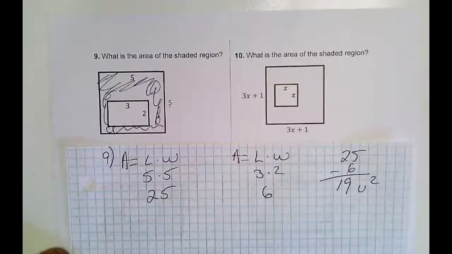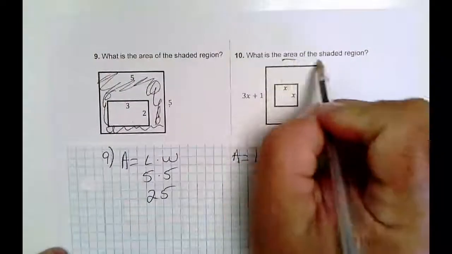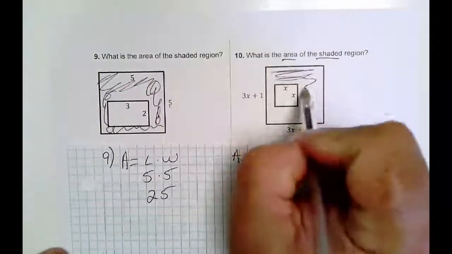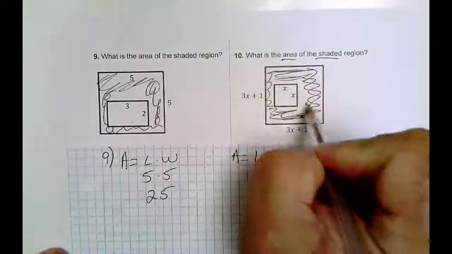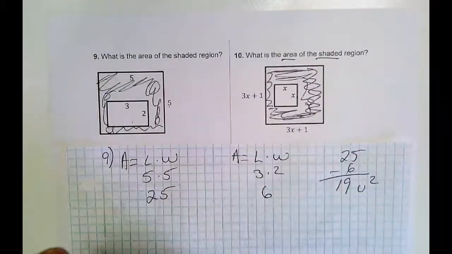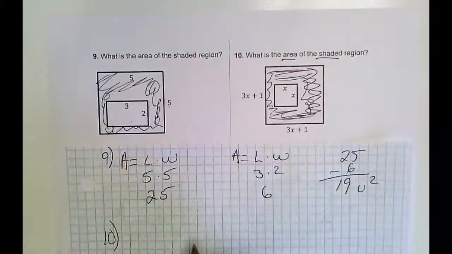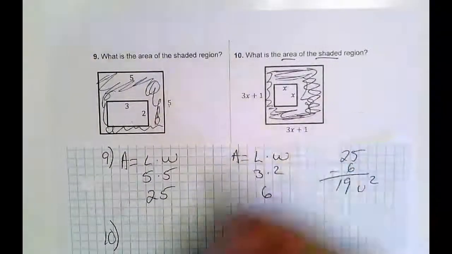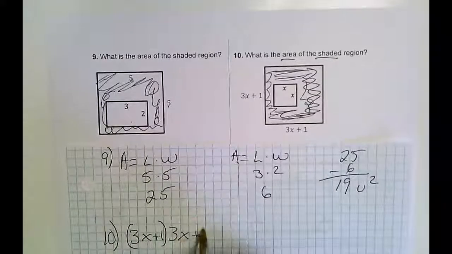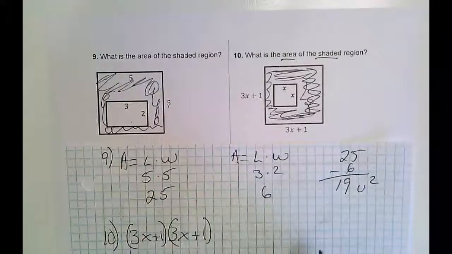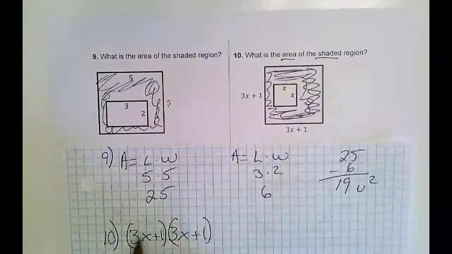All right, well, let's look at 10. Still the area of the shaded region. So I want to know this part. And I know, like my copy, the shade is not real dark, which is why I'm trying to help you out here. Okay, so 10. Nothing really changes. I need to find the area of the big box, 3x plus 1 times 3x plus 1. Okay? Well, I'm still using FOIL.